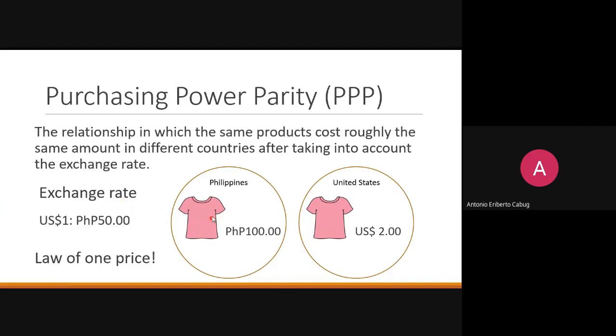Again, this is absolute purchasing power parity. The other version is called the relative purchasing power parity. I'm going to let you watch a video on the difference before we continue with our discussion. So please watch the next video and then we will continue after you watch it.